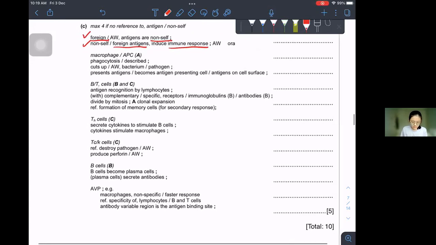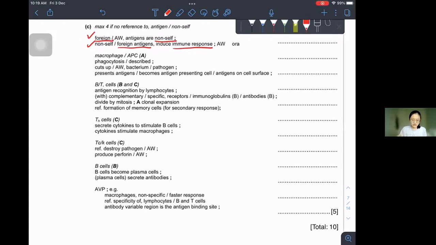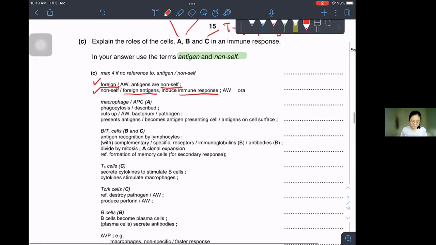So the first step of the immune response is that the macrophages phagocytose the bacteria and then cut up the bacteria into small pieces and present them on the cell surface membrane of the macrophages. This is the first step of the immune response.